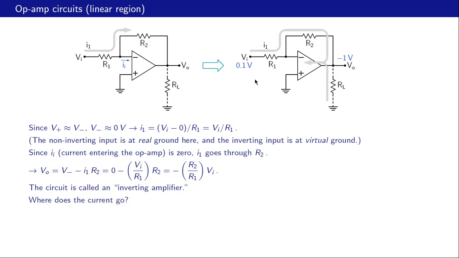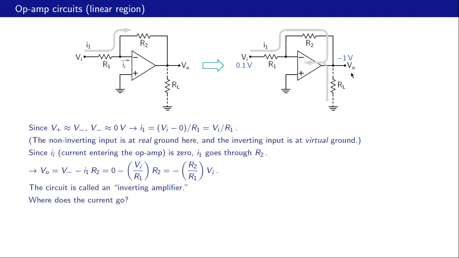And here is the answer to that question. Let's take an example. Say Vi is 0.1 volt, R2 is 10K, R1 is 1K. So the gain is minus 10K by 1K, that is minus 10. If Vi is 0.1 volt, then VO would be minus 10 times that, that is minus 1 volt.